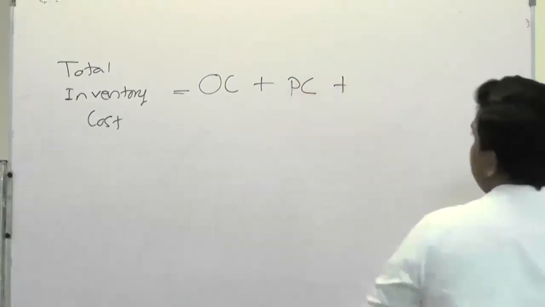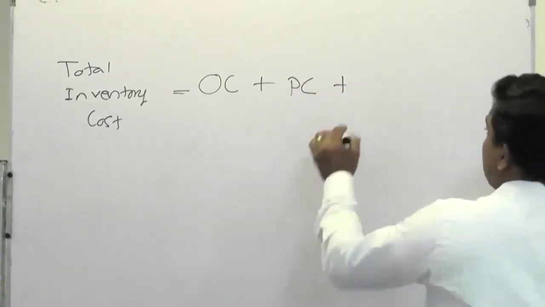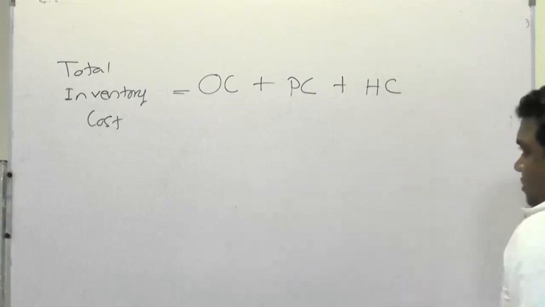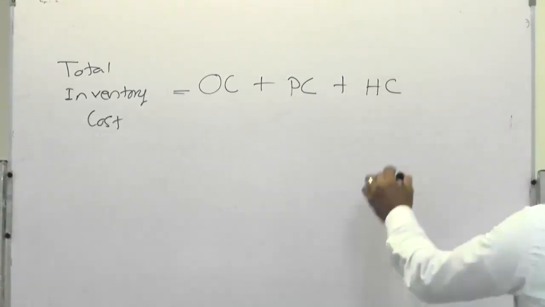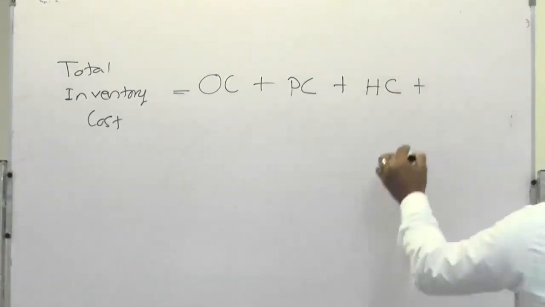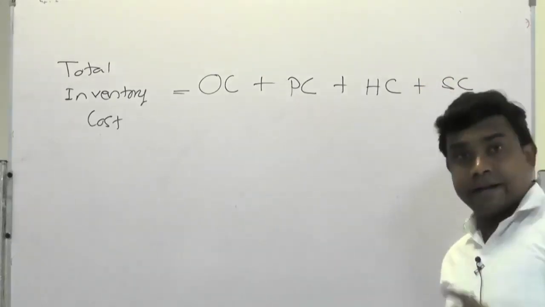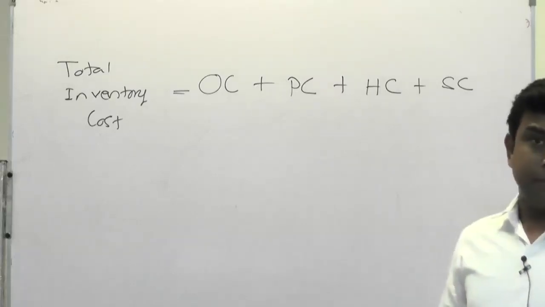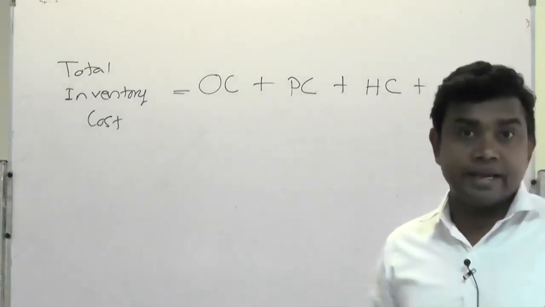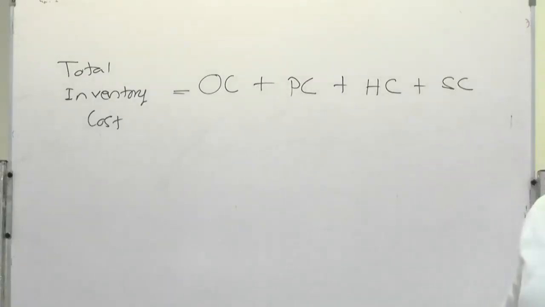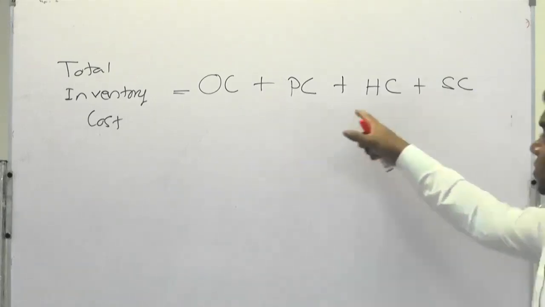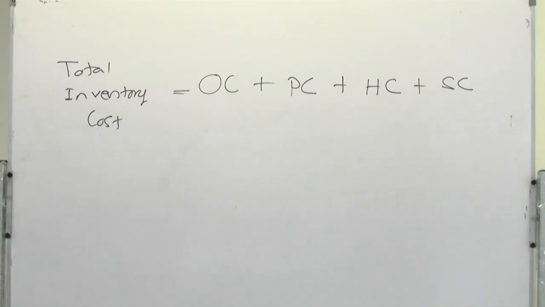Then you need to keep it in your warehouse: total holding cost. And additionally, you have a specific cost, that is shortage cost. Shortage cost means implicit cost that arises if there is a shortage of stocks in the stores. These are the 4 stock expenses during the year.